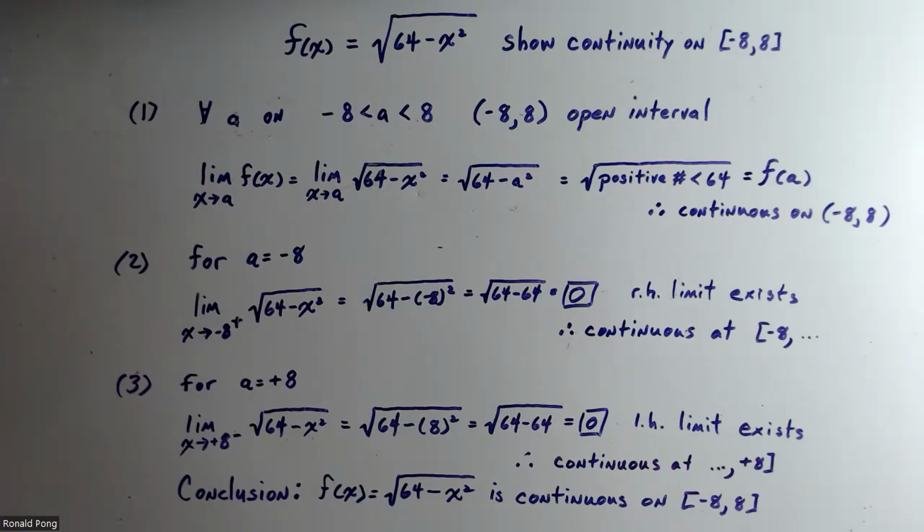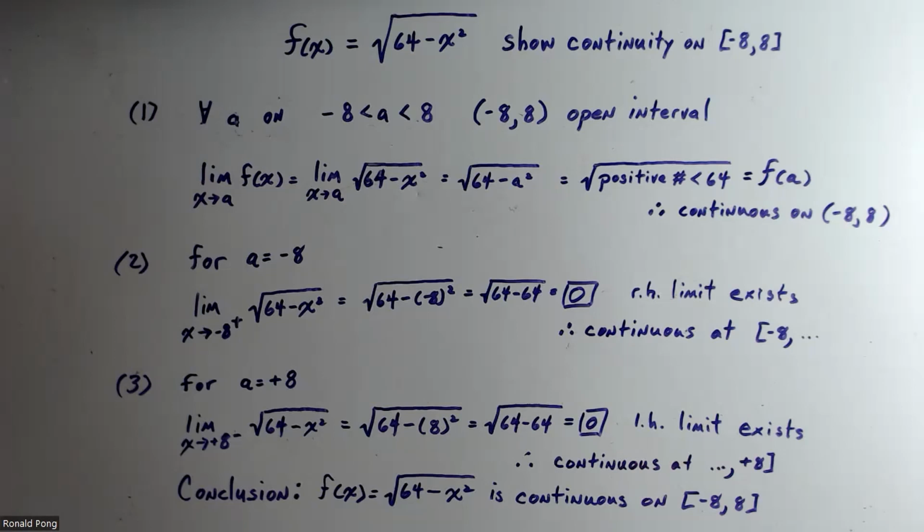So, for example, given f of x equals the square root of 64 minus x squared, where we want to show continuity on the closed interval -8, 8, we note that for every a on the open interval -8, 8, the limit as x approaches a for that function, square root of 64 minus x squared, equals the square root of 64 minus a squared.